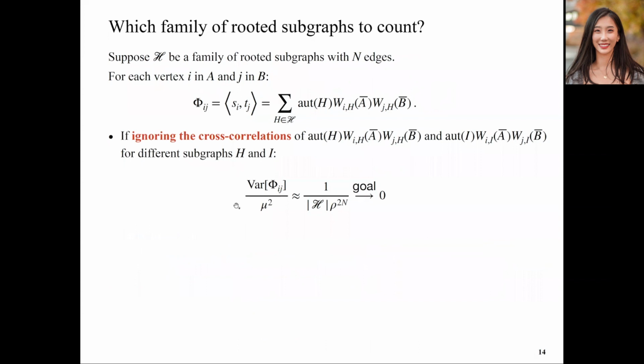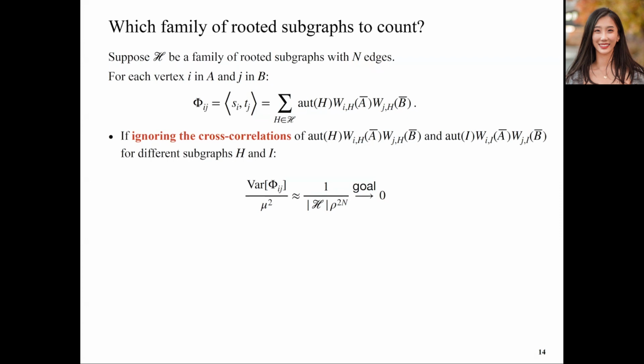You can think of this as a measure of the fluctuation with respect to the mean separation. This ratio is roughly 1 divided by the size of the family, times a quantity that depends on both the correlation and the size of each rooted subgraph in the family. And we want this ratio to converge to 0 so that the fluctuation is relatively small compared to the mean separation.